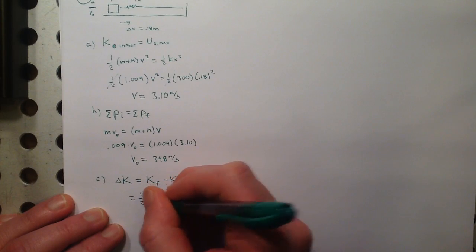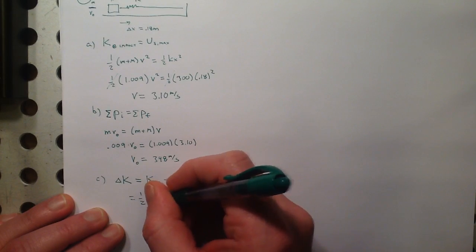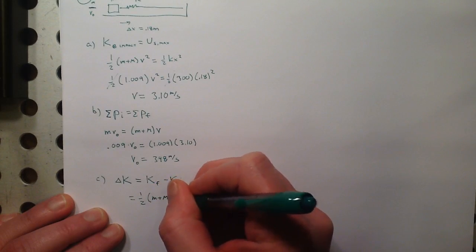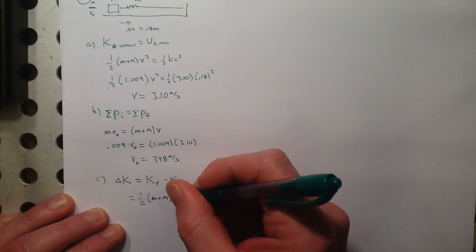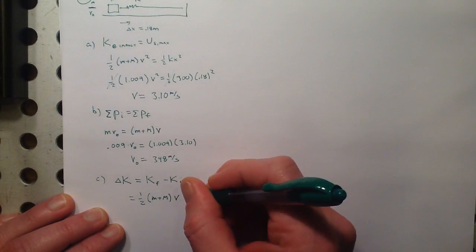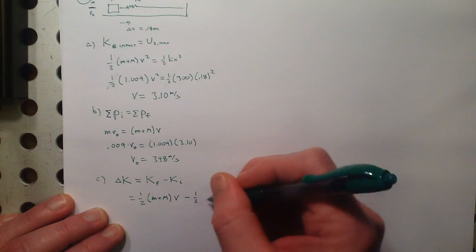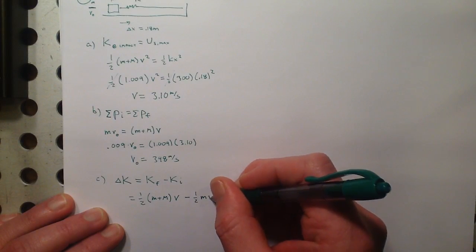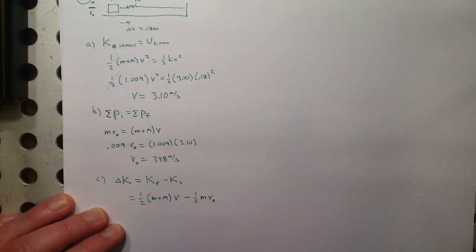The final kinetic energy is 1/2, when the bullet and block are stuck together and going at velocity v, minus 1/2, before the collision, it's just the bullet going at its v sub 0, which we found here.